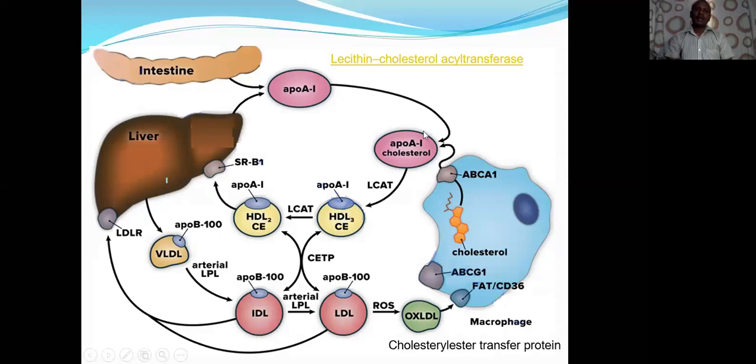That means HDL reduces the blood cholesterol, whereas LDL transports the lipids or lipoproteins to the peripheral tissue and causes atherosclerosis.